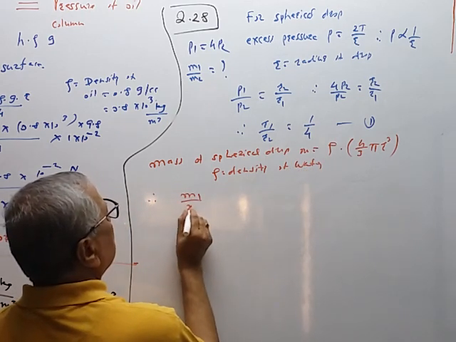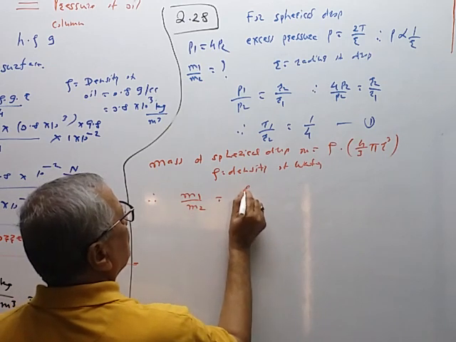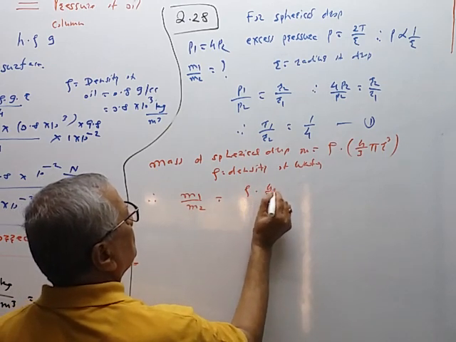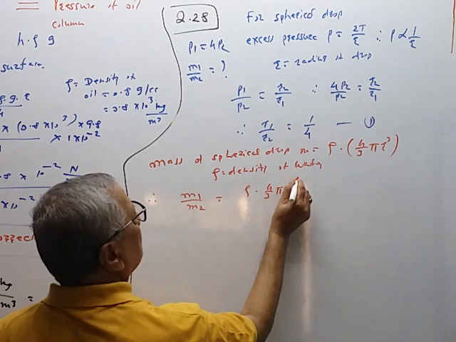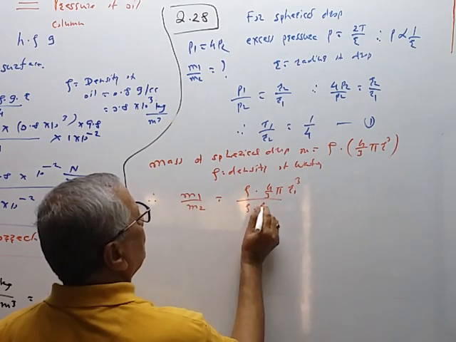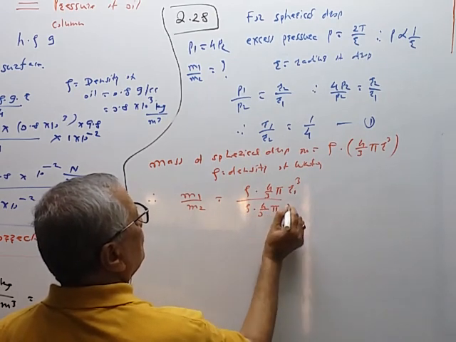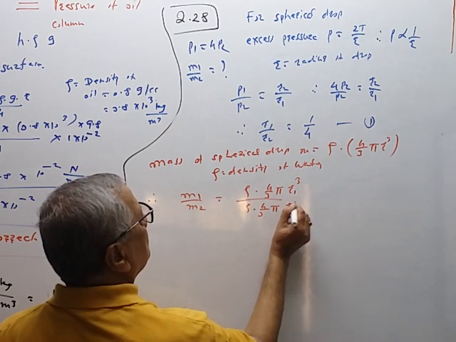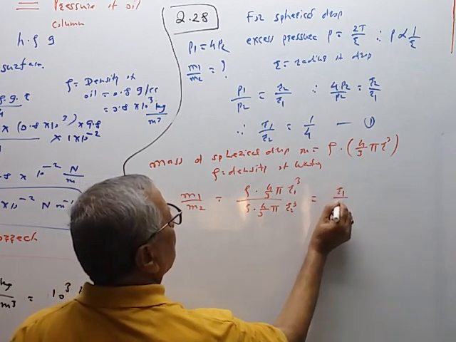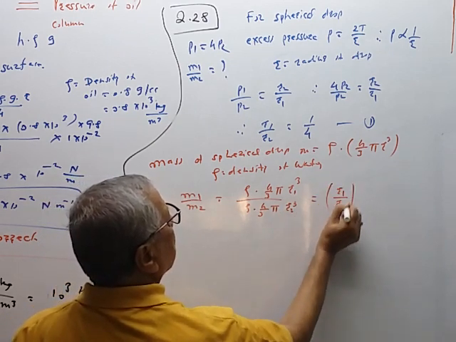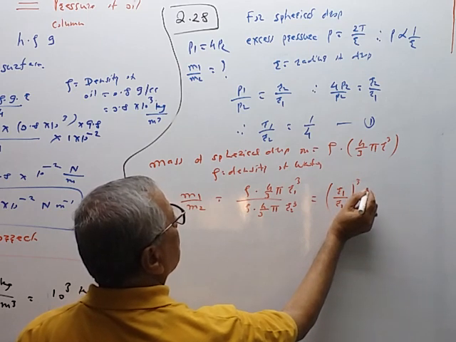Therefore M1 upon M2 is equal to rho 4/3 pi R1 cube upon rho 4/3 pi R2 cube, which is equal to R1 upon R2 whole bracket cube.